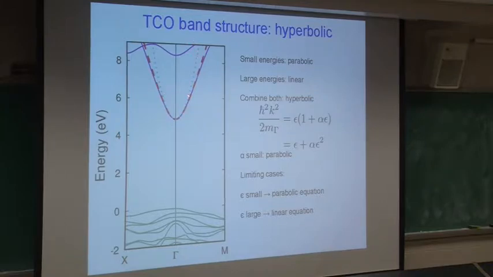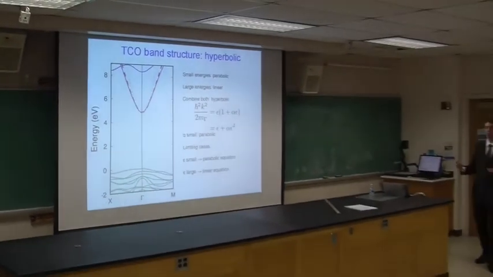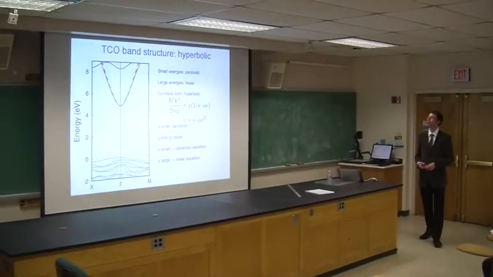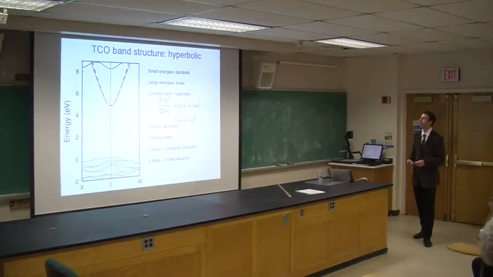This is a parabolic curve. For larger momentum, it's almost linear. And you can combine both of those behaviors in one simple hyperbolic formula.